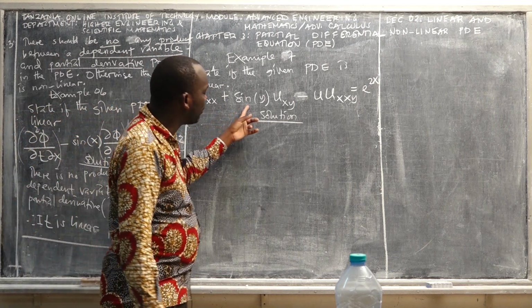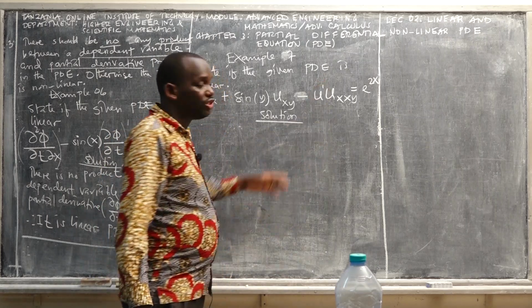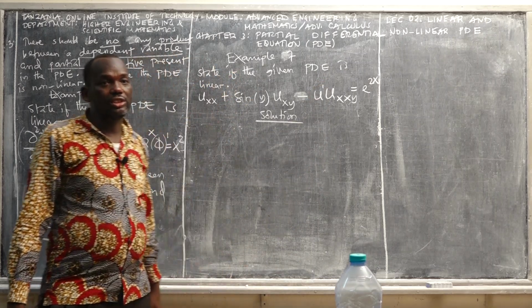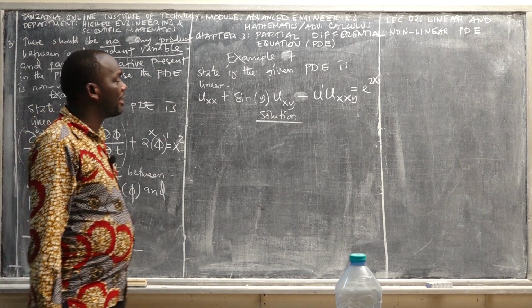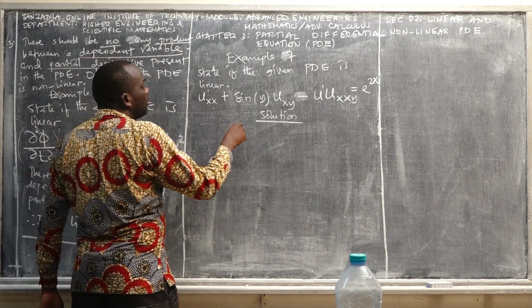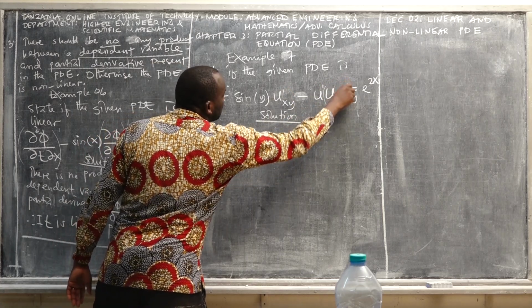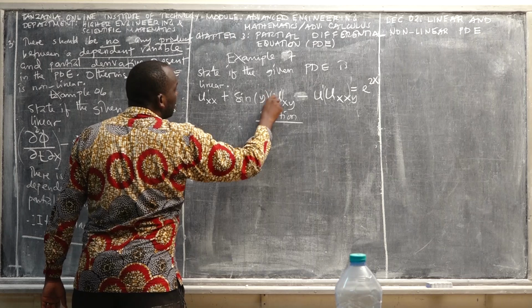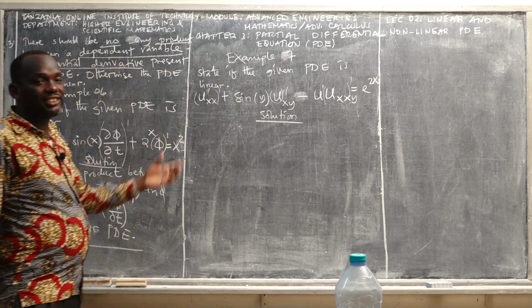We don't have here, we don't have here. We have here. What is the power? 1. So it obeyed the first condition. The second condition: the power of any partial derivative present in the partial differential equation must be 1. What is the power for this partial derivative? 1. This one? 1. This one? 1. So it obeyed the second condition.